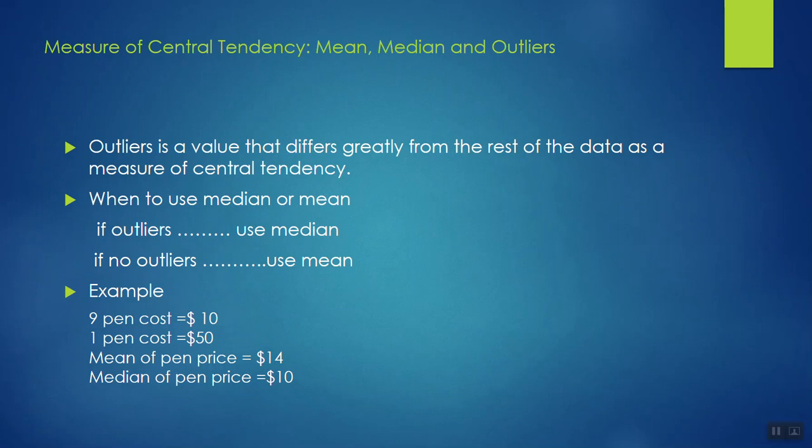Let's say there's a stationery shop that has 10 types of pens. 9 pens cost $10 and 1 pen costs $50. Now 50 is an outlier here. If we calculate the mean of the pens, we will get $14. And if we calculate the median, we get $10.